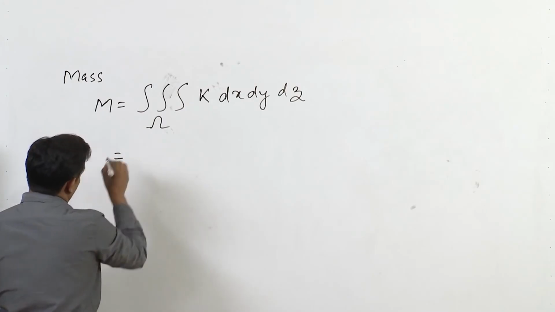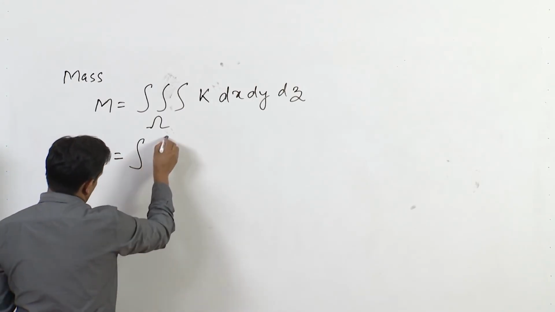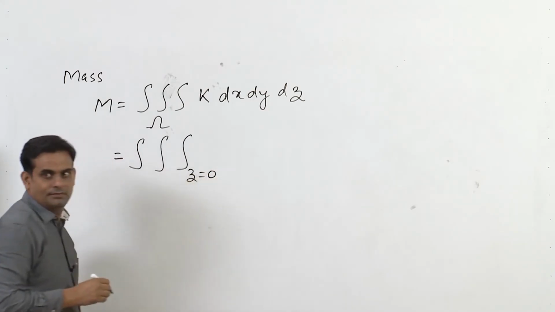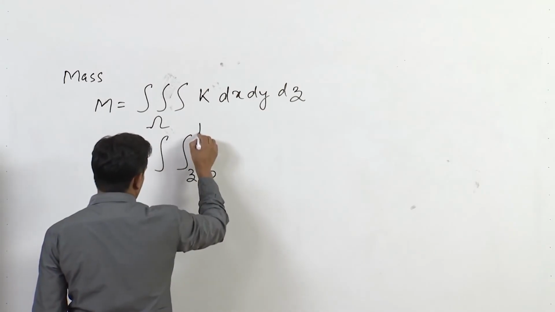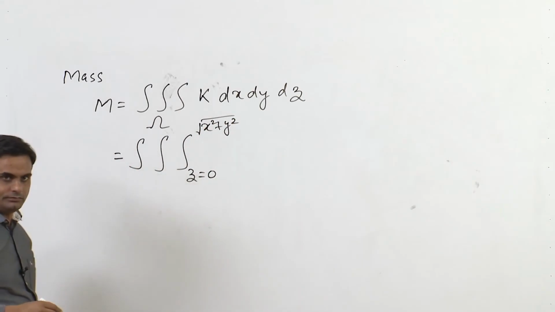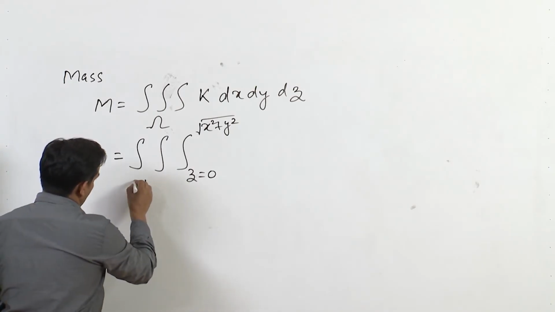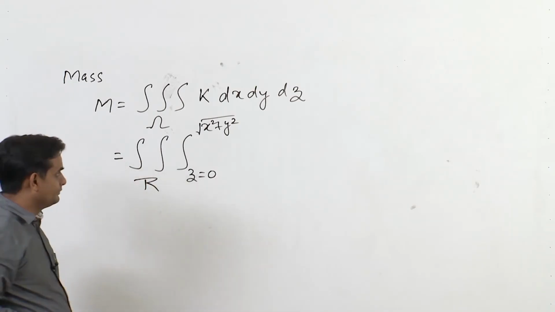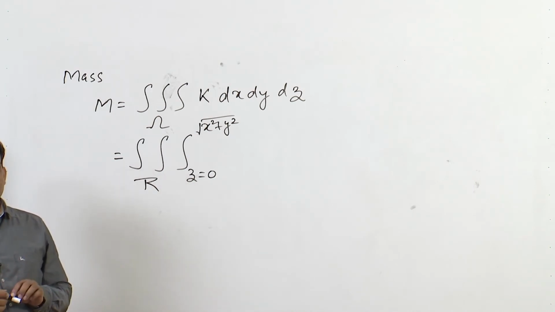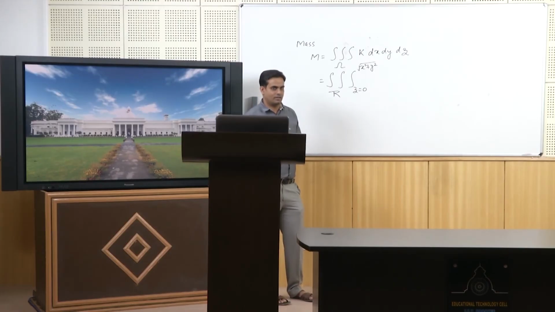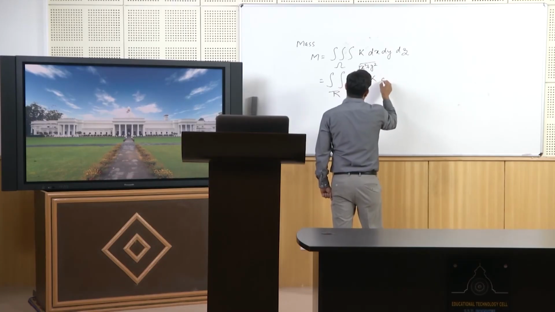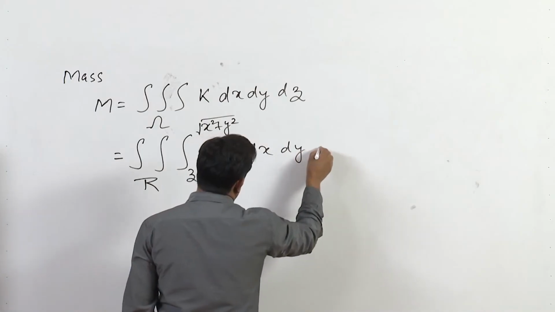Now, the region is something like that. z goes from 0 to square root of x square plus y square, and then a region R, which is given as x square plus y square equals 2x, and then k times dx dy dz.